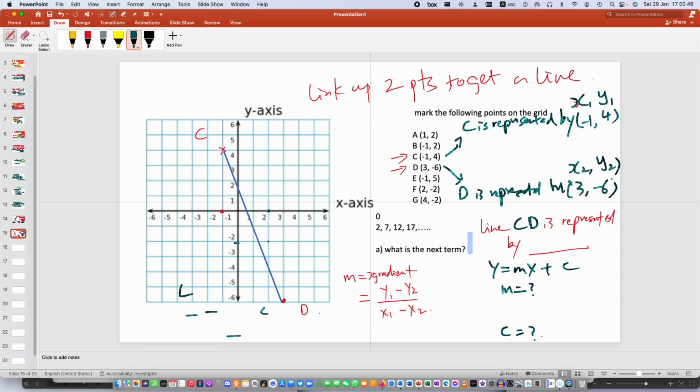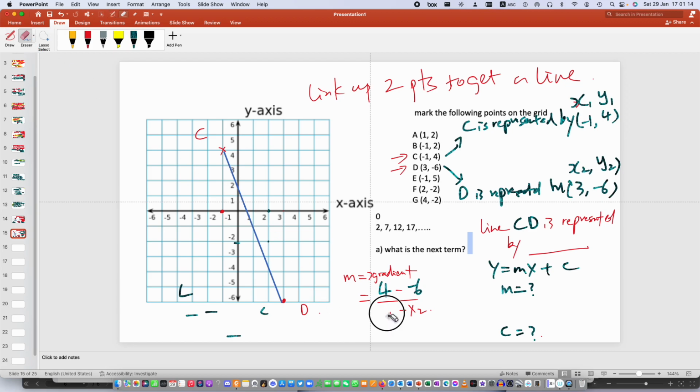Are you clear? So based on the formula to find gradient m, what's your y1? 4. Very good. What's your y2? Minus 6. Very good. What's your x1? Negative 1.